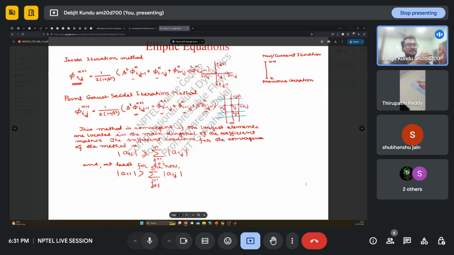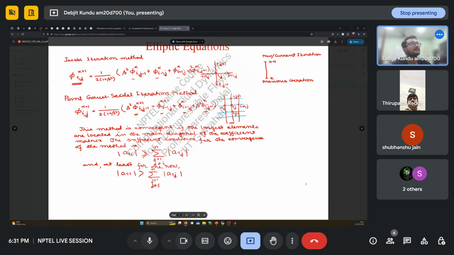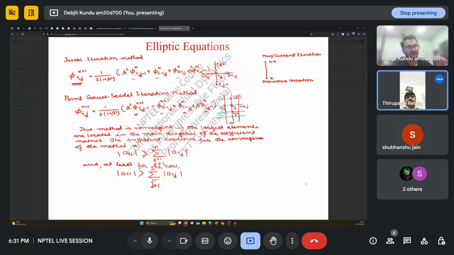But for the next ones, that is i plus 1 comma j and i comma j plus 1, I have to use the older values at the kth level. These values are unknown, so these are previous iterative values. Earlier we knew what the value was, and that's the one we're using. For those variables that we already calculated this time, we can use the newer values.